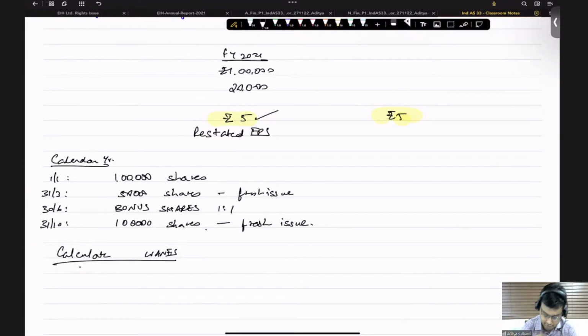Sumit Jain gave the answer. It is calendar year. Calendar year is your reporting period.